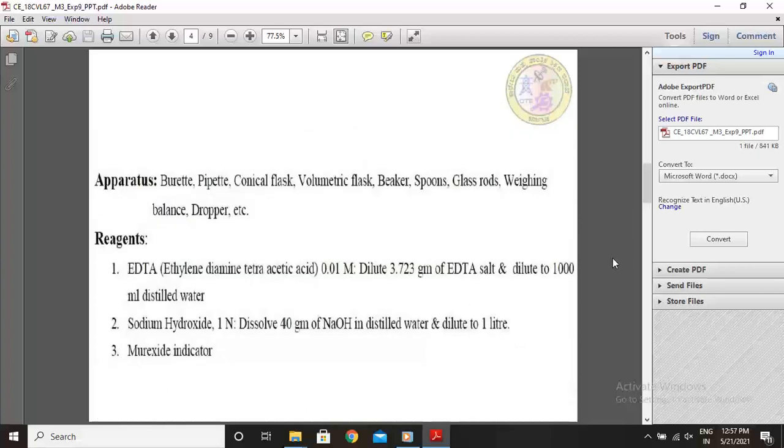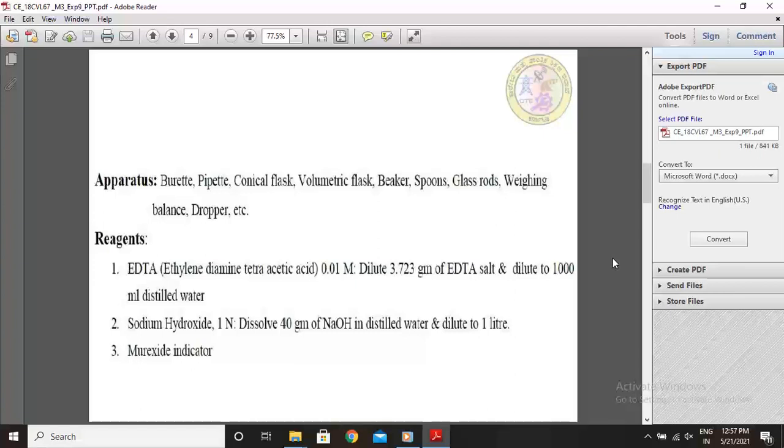Apparatus. Which apparatus are used to conduct this experiment? Burettes, pipettes, conical flask, volumetric flask, beakers, spoons, glass rods, weighing balance, dropper, etc. Reagents.